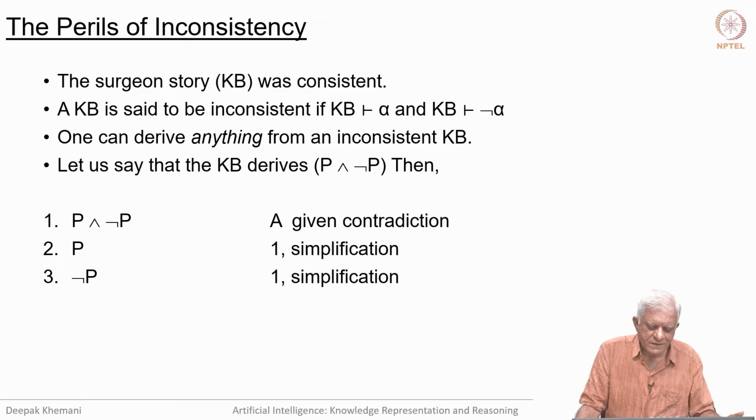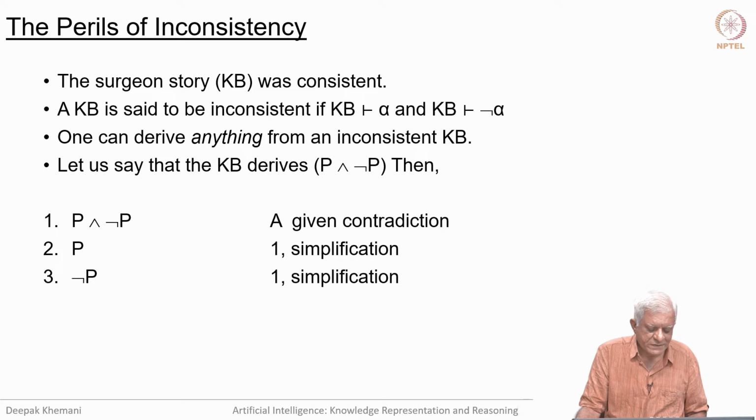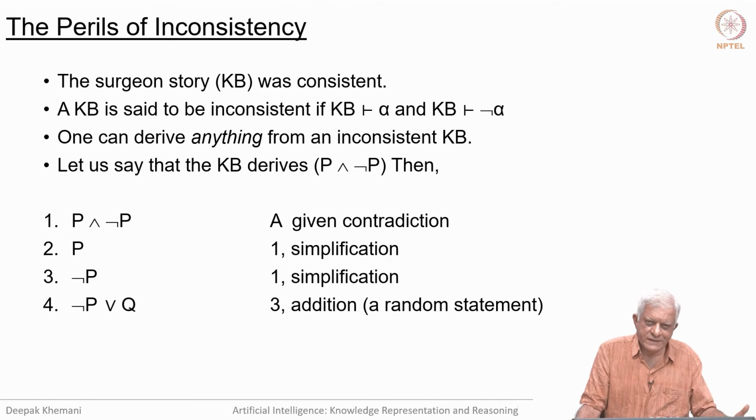If you are just given P and not P, you can use the rule of simplification to say P is true and not P is true. And then you can use the rule of addition by saying not P or Q is true. What is Q? It's some random formula that you can add, and logically it would be true as well.